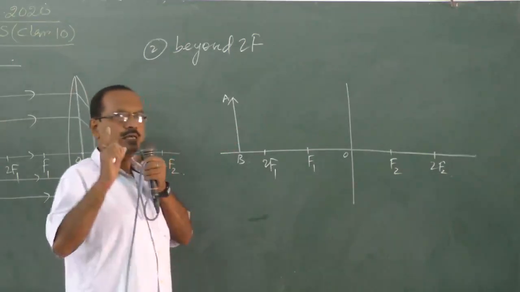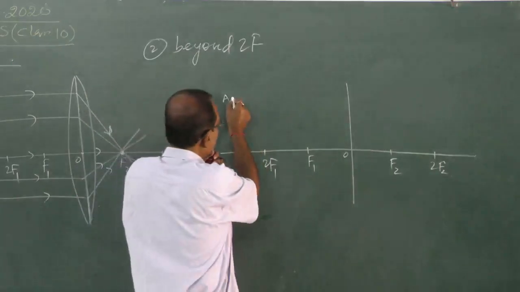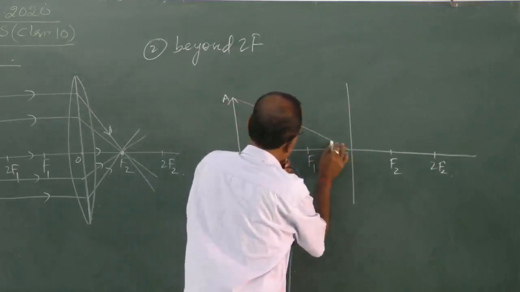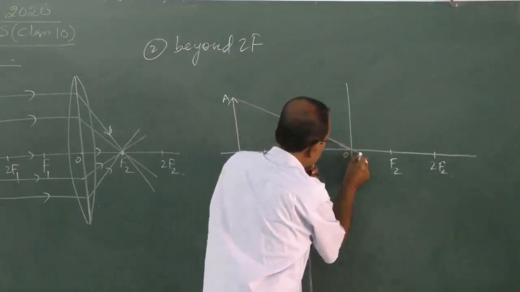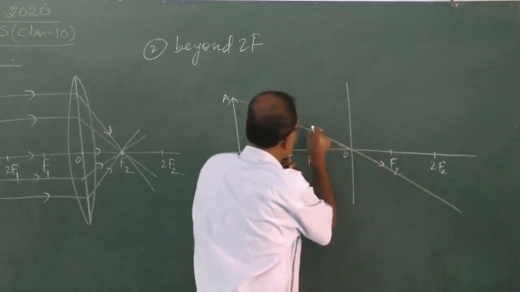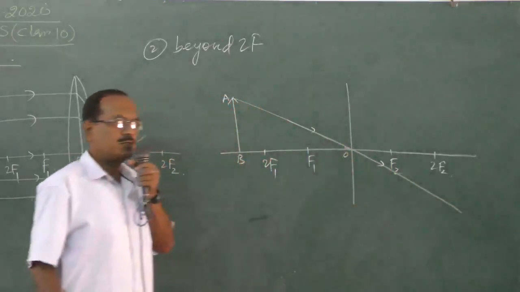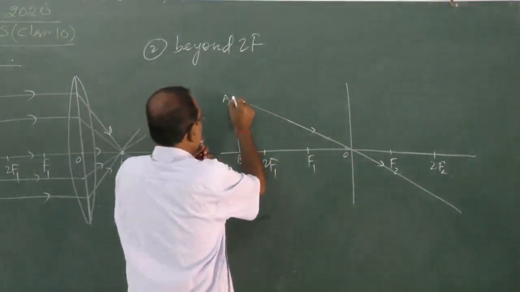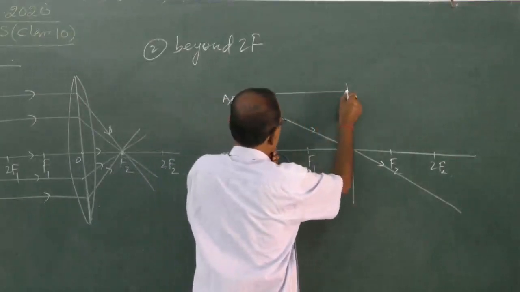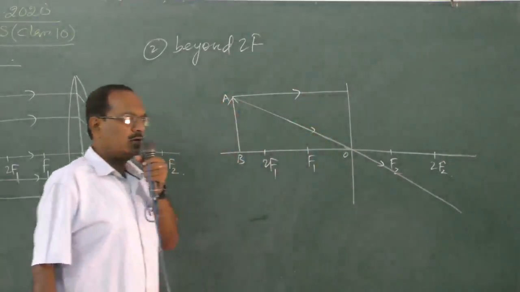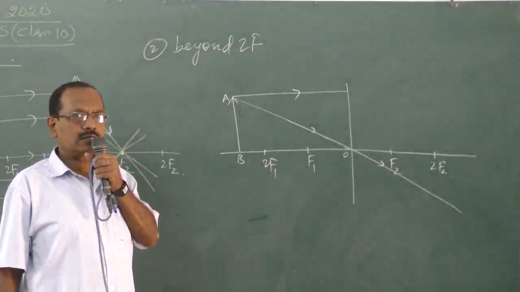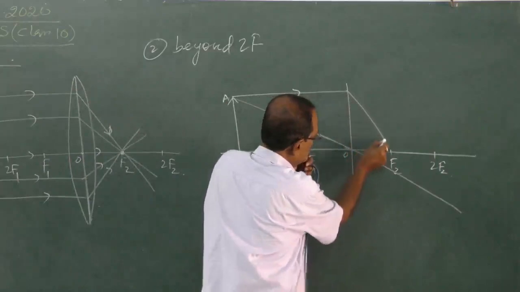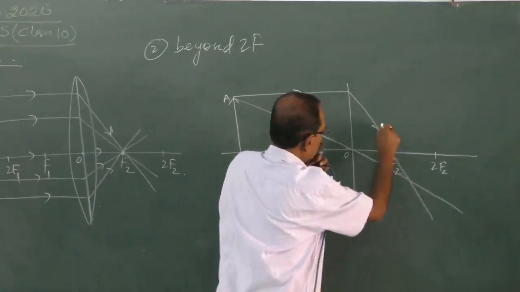The arrow must be there on the object and the image also. Now, the first ray, the first rule: one ray will pass through the optical center and it will pass undeviated. The second ray will be drawn parallel to the principal axis, and it will pass through F2.